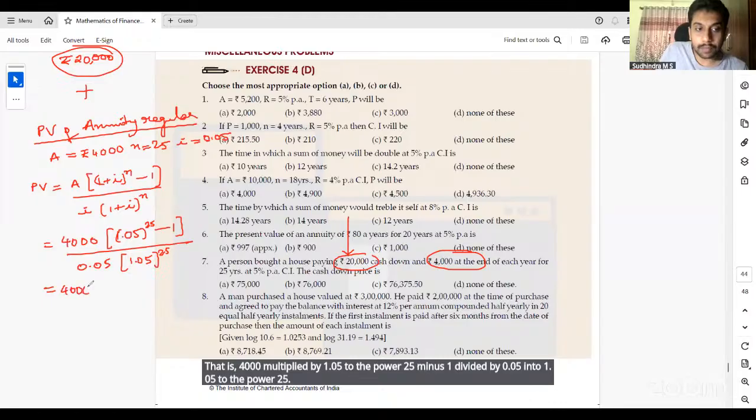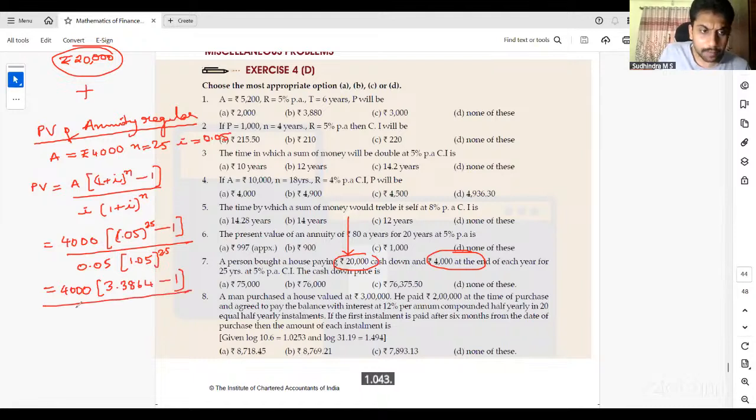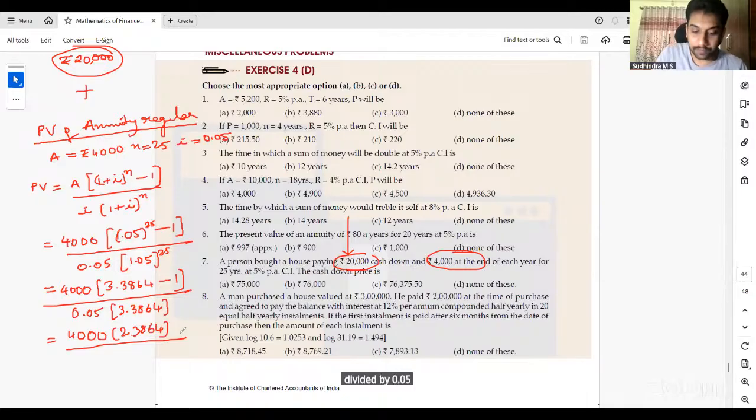What is 1.05 to the power 25? 3.3864. Very good. Minus 1 divided by 0.05 into 3.3864. That is 4,000 multiplied by 2.3864 divided by 0.05 into 3.3864.